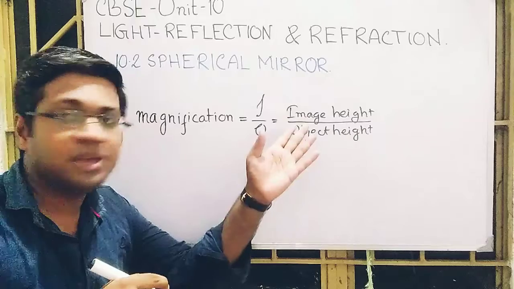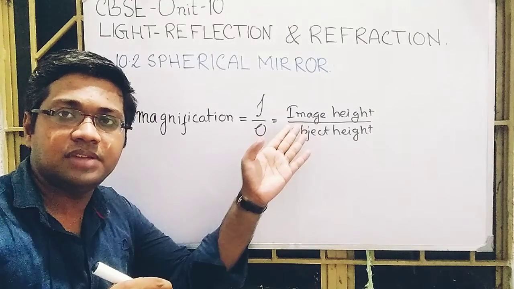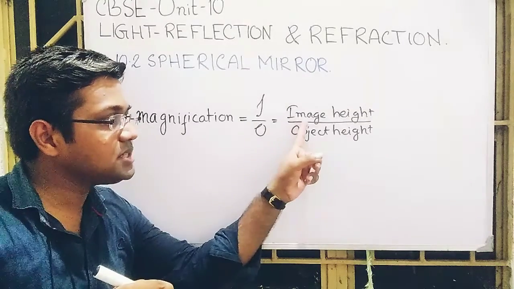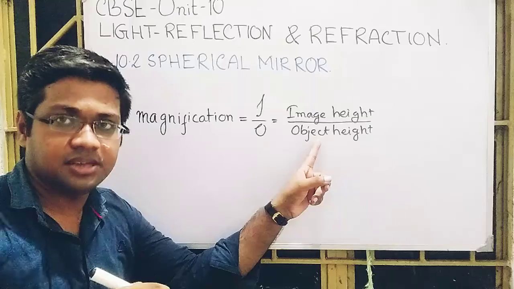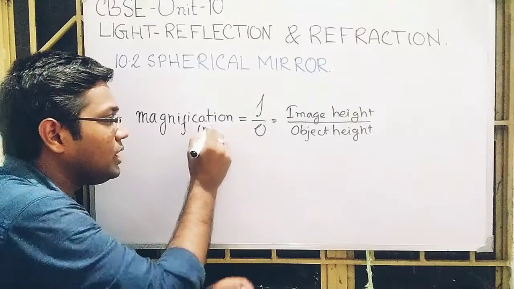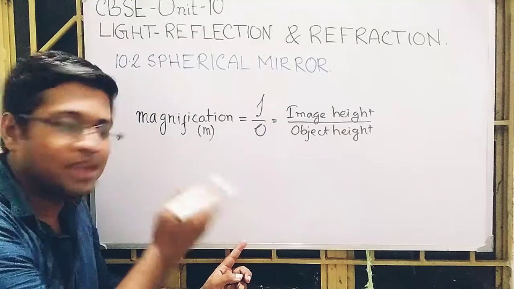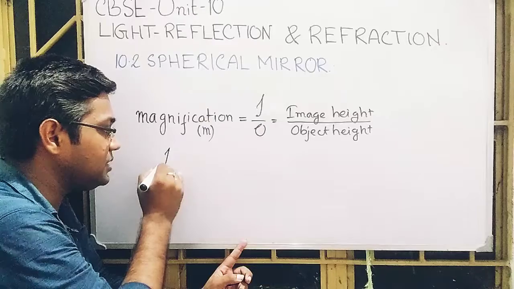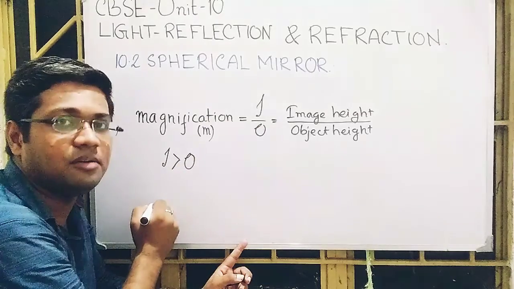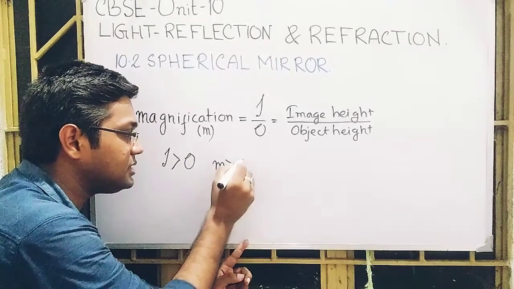Here the image may be real or virtual, but it is the ratio of the image height to that of the object height. If I denote this magnification by small m, and we get a large image, with the length of the image greater than the length of the object, then obviously the magnification is greater than 1.